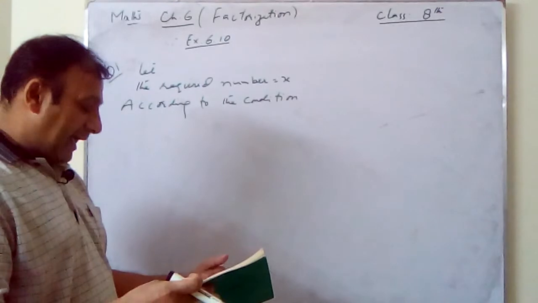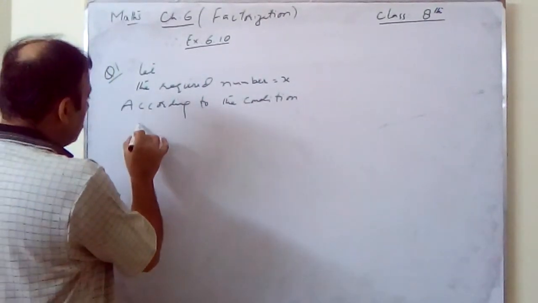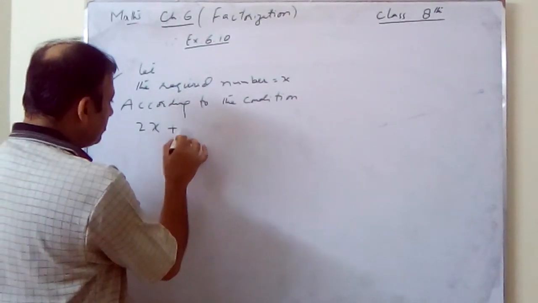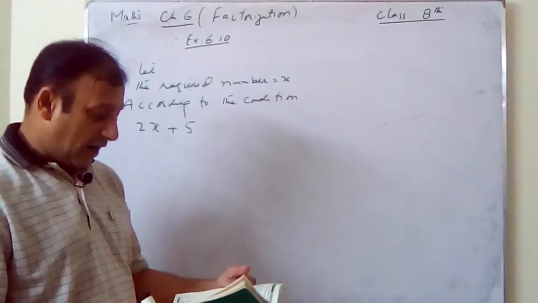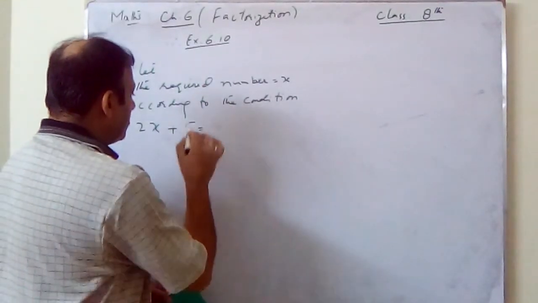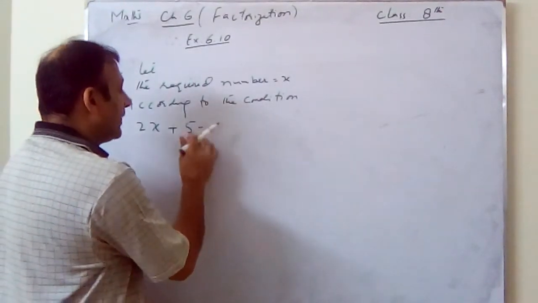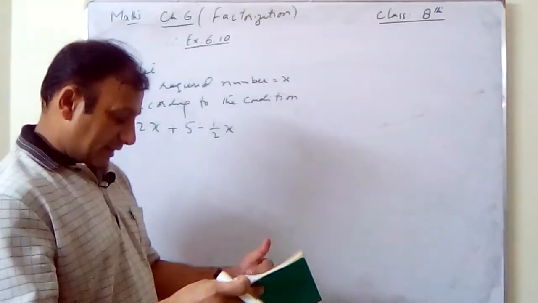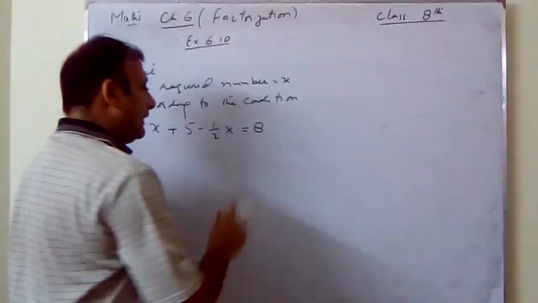he is saying Ahmad added 5 to twice the number. Then he subtracted half of the number from the result.